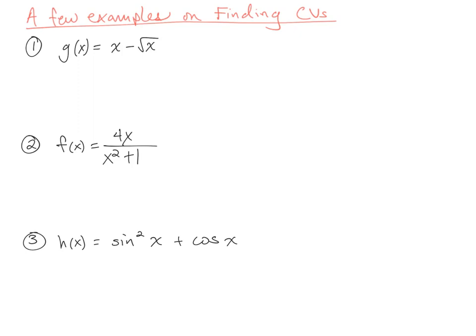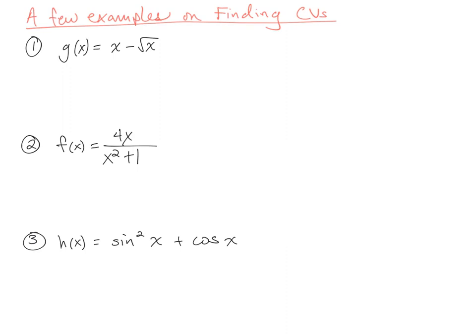So as mentioned, here are a few examples on finding critical values, aka CV. Since critical values are where the derivative either equals 0 or is undefined, we have to find the derivative.